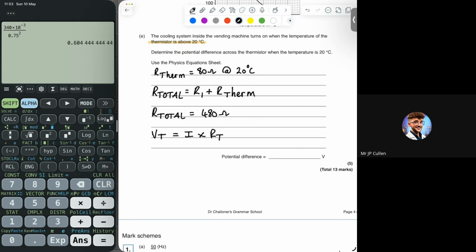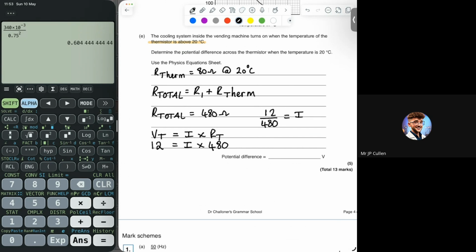Total resistance. And so 12 equals the current times 480. Obviously making I the subject of that equation, 12 over 480 equals I. So we can get the current in the circuit.